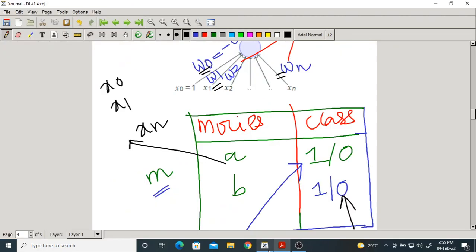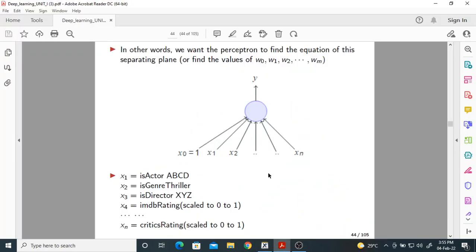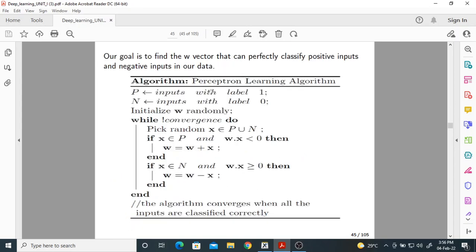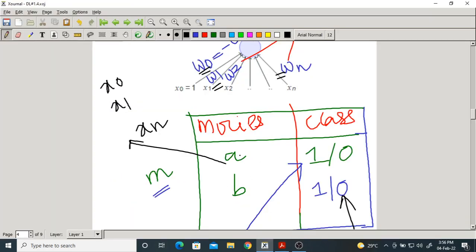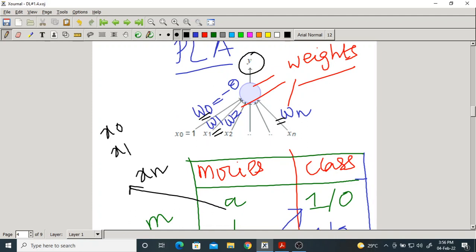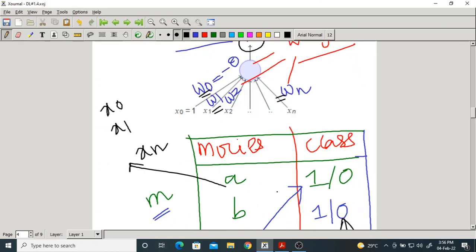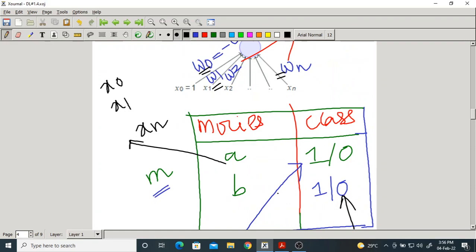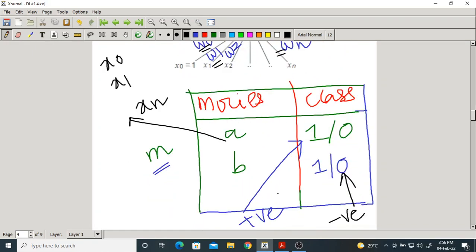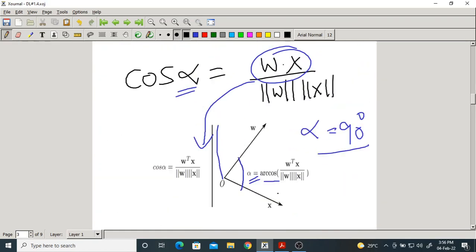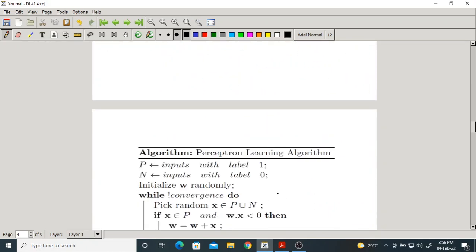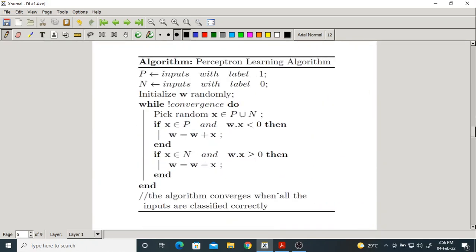So finally, we want to learn the weights of this perceptron. For this we need an algorithm called the perceptron learning algorithm. Simply, we have to classify the movies properly. So this is the algorithm.